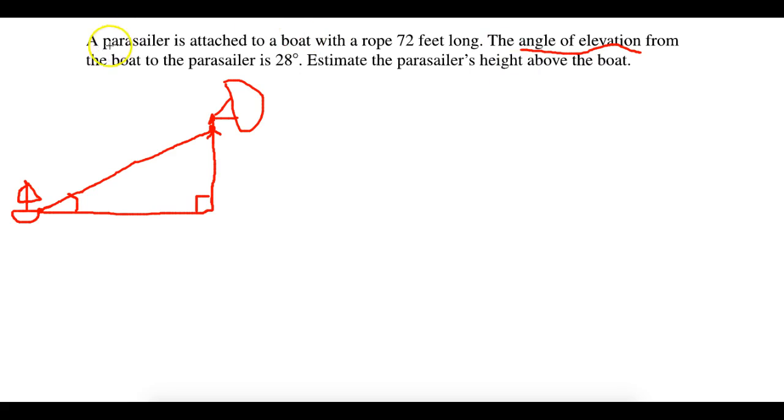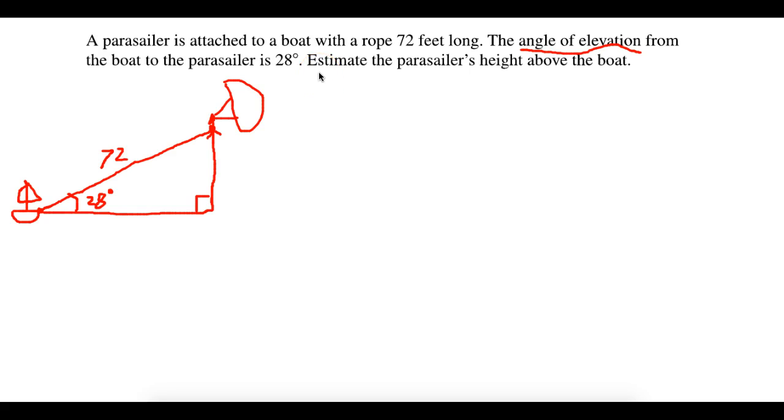In this case it says a parasailer is attached to a boat with a rope 72 feet long. That tells you that the length from the boat to the parasailer is 72. And it says the angle of elevation is 28. So right here, we already know two pieces of our triangle: an angle and a side.